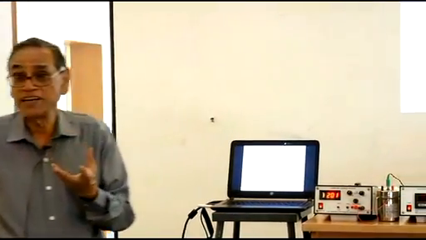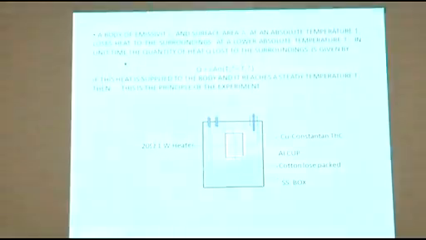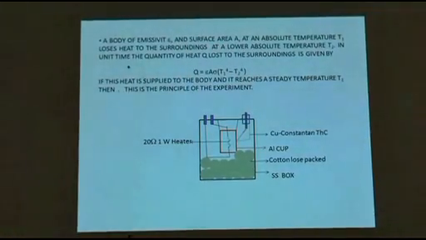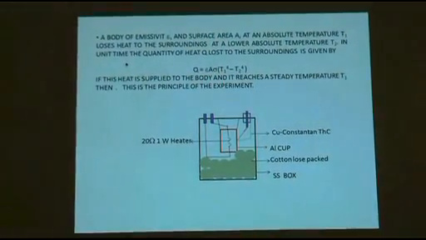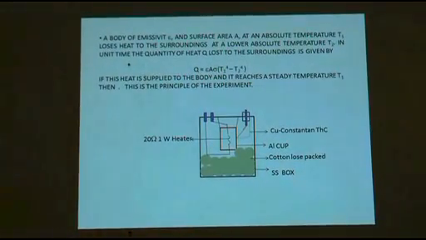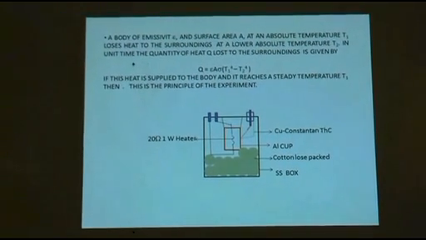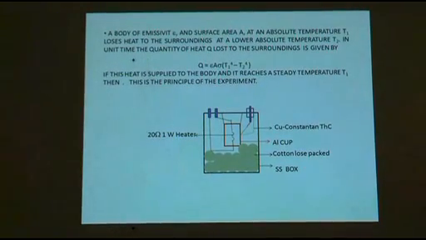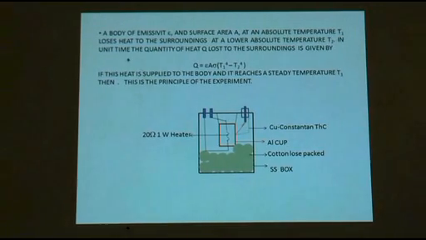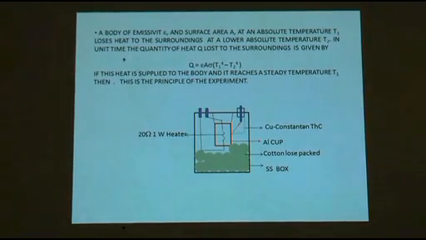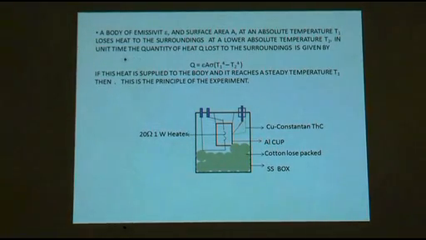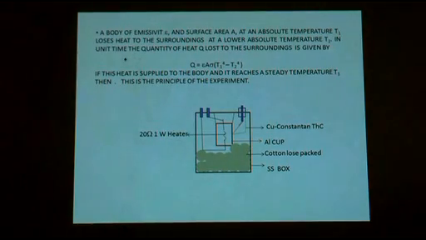Now you take a body of emissivity epsilon, area A, surrounded by surroundings at temperature T2 in Kelvin. You give a quantity of heat Q to this body. The temperature of the body will increase. You prevent convection and conduction.